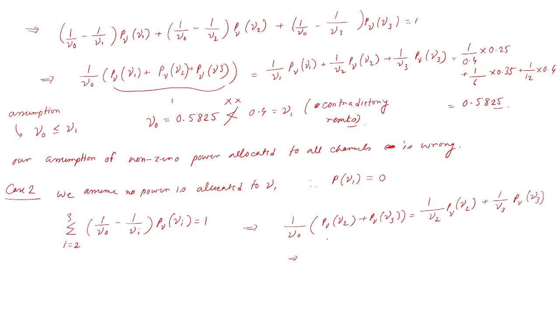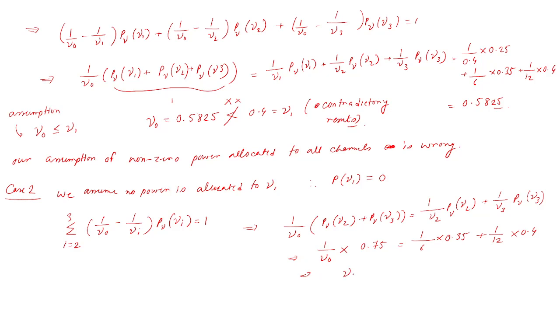So this turns out to be 1 over gamma naught times 0.75, and we are obtaining 1 over 6 times 0.35 and 1 over 12 times 0.4.